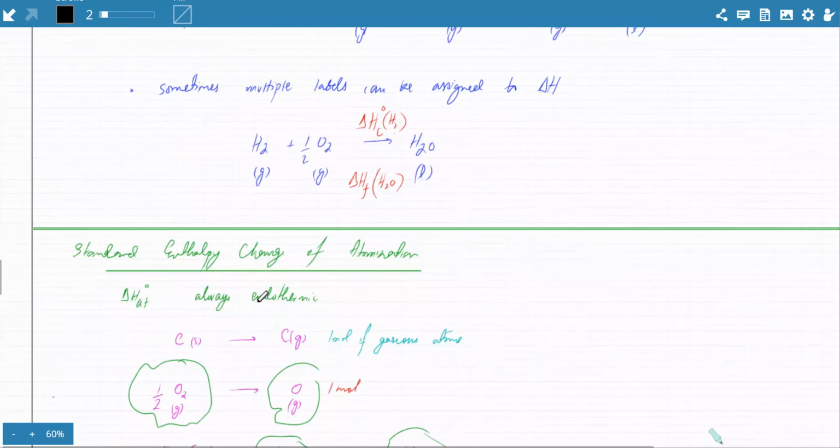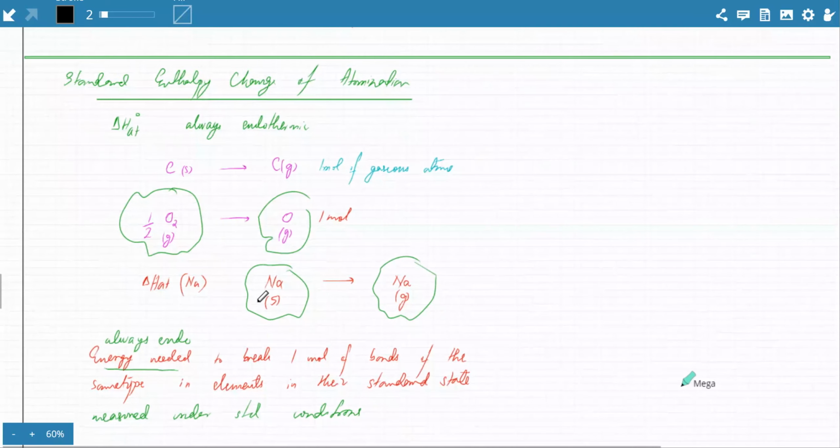And we talked about enthalpy change of atomization, in which 1 mole of gaseous atoms is formed from its element in its standard state. So if you're making oxygen atoms from oxygen at room temperature, it's O2.